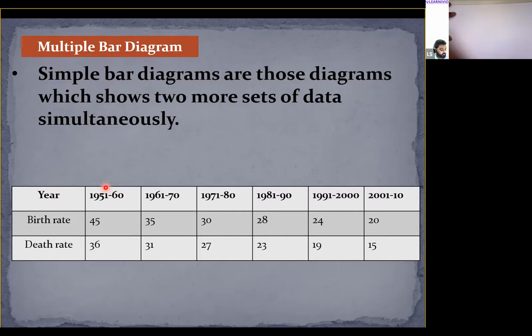Okay. So let's say, for example, let's talk about only 2019, 2020, 2021. The data is production of wheat and production of rice in the country during 2019, 20, and 21.